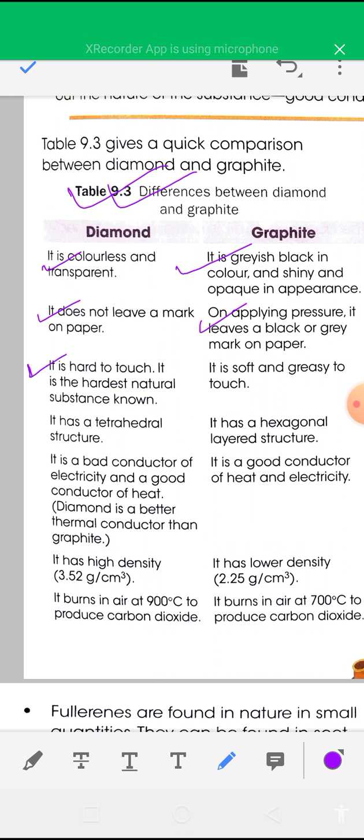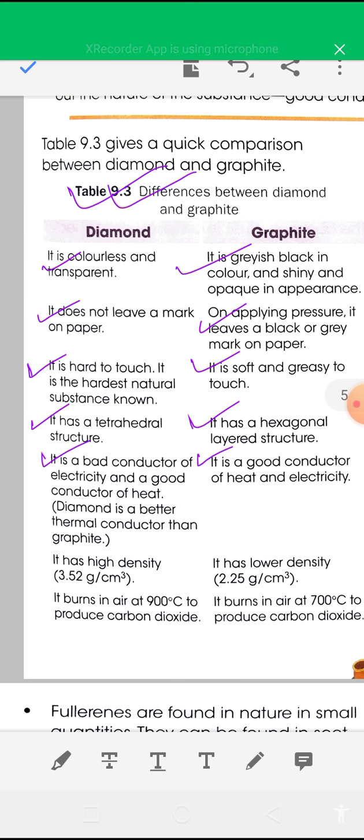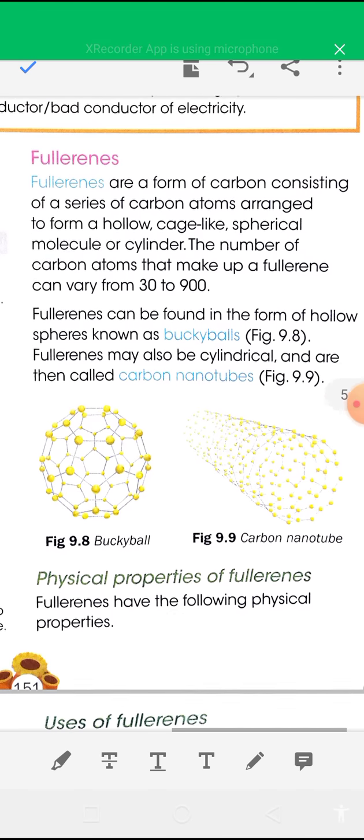Diamond is hard to touch, graphite is soft and flaky to touch. Diamond has a tetrahedral structure, graphite has a hexagonal layered structure. Diamond is a bad conductor of electricity and a good conductor of heat, but graphite is a good conductor of heat and electricity. So these are some differences between diamond and graphite you have to remember.